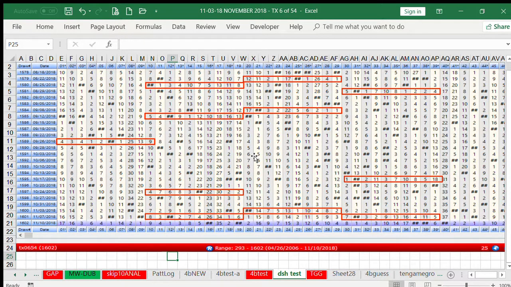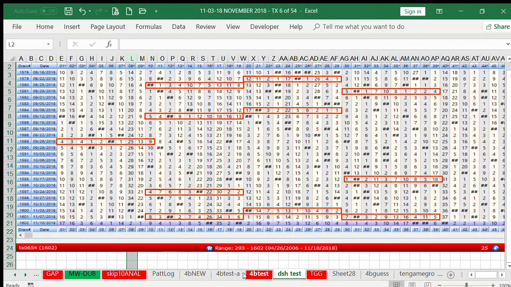Now the hardest part is that you have to guess the right starting point. When I actually started with the 4B, it was after this 8 had hit here after 34 games. So I used this 8 as my starting point.